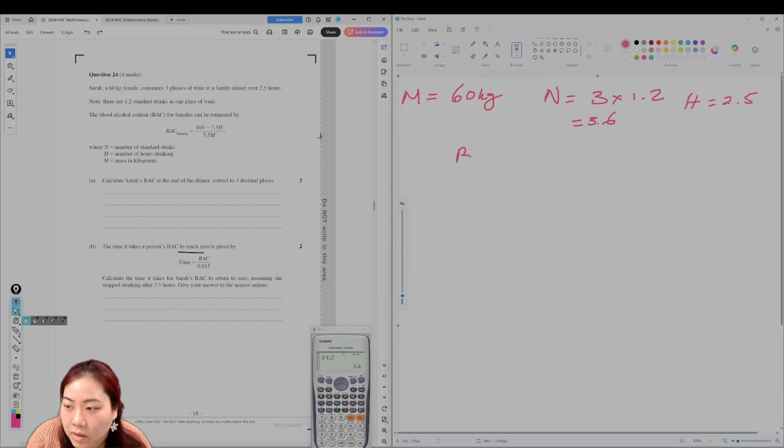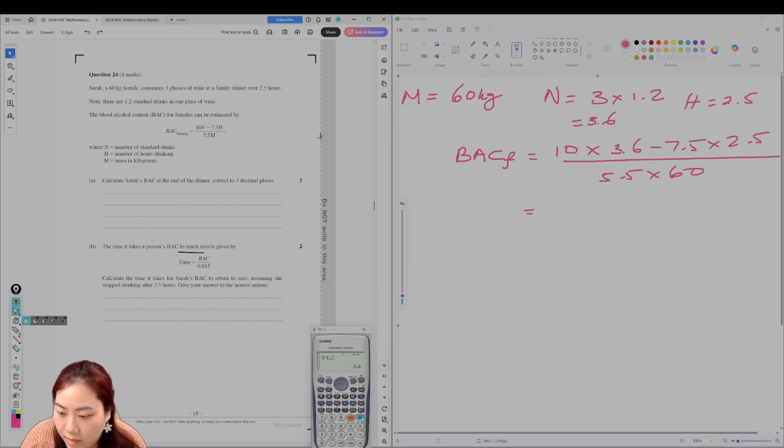Now we just put it into the equation. BAC female is 10 times 3.6 minus 7.5 times 2.5, all over 5.5 times 60.